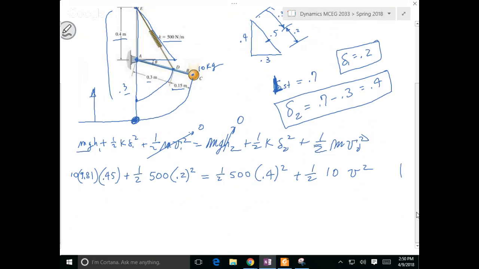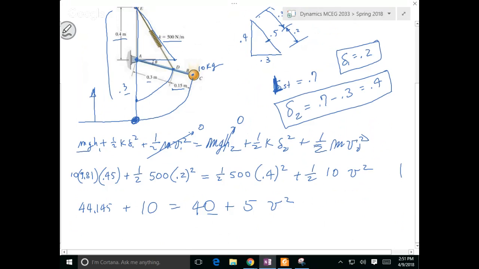Okay, 10 times 9.81 times 0.45 gives me 44.145, plus 500 times 0.2 times 0.2, divided by 2, equals 40 plus 5 v2 squared.